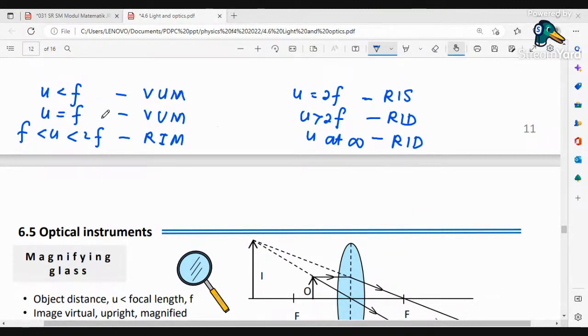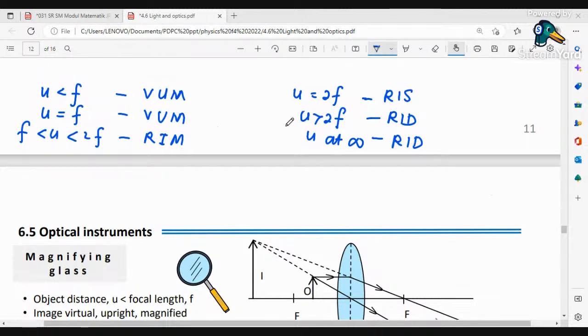When u equals f, you get virtual, upright, magnified. U between f and 2f, you get real, inverted, magnified. U equals 2f, you get real, inverted and the same size. U more than 2f, you get real, inverted, diminished. U at infinity, you get real, inverted, diminished.